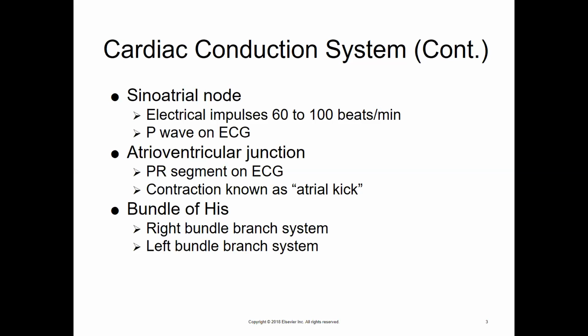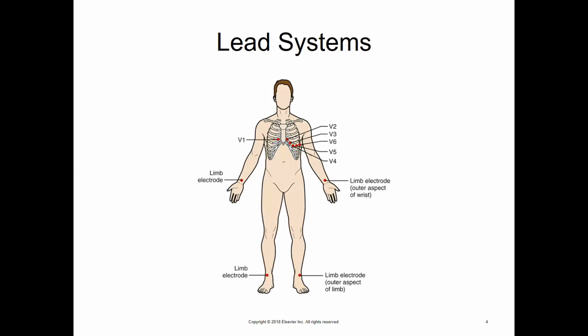And this contraction is known as the atrial kick. It gives additional blood volume for a greater cardiac output. Then you have the bundle of His. I don't want you to spend a lot of time thinking you need to remember this, because this again should just be a review for everybody from your anatomy and physiology class.